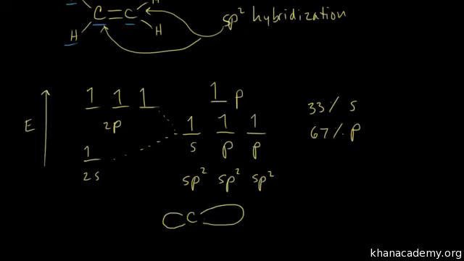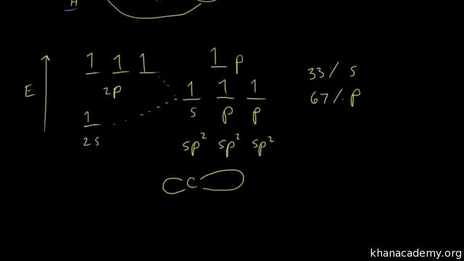Now again, if we compare an sp2 hybrid orbital to an sp3 hybrid orbital, an sp2 hybrid orbital has more s character, and we know that an s orbital is a little bit smaller than a p orbital. So the fact that an sp2 hybridized orbital has more s character than an sp3 hybridized orbital means that these orbitals are going to be a little bit smaller in an sp2 hybrid orbital than in an sp3.